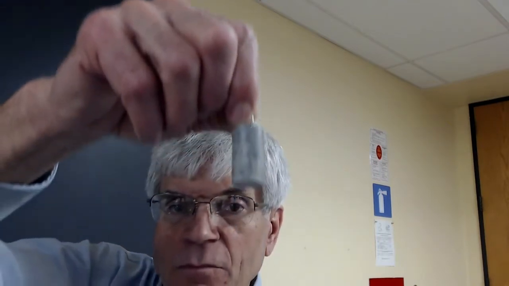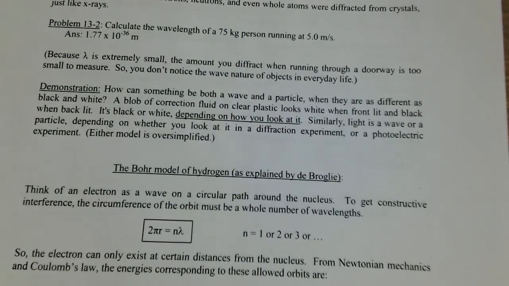Well, just as moving this thing higher in a gravitational field makes its energy more, moving an electron higher in the nucleus's electric field increases its energy. And so saying that the electron can only exist at certain distances from the nucleus amounts to saying that there are only certain energies the electron can have.